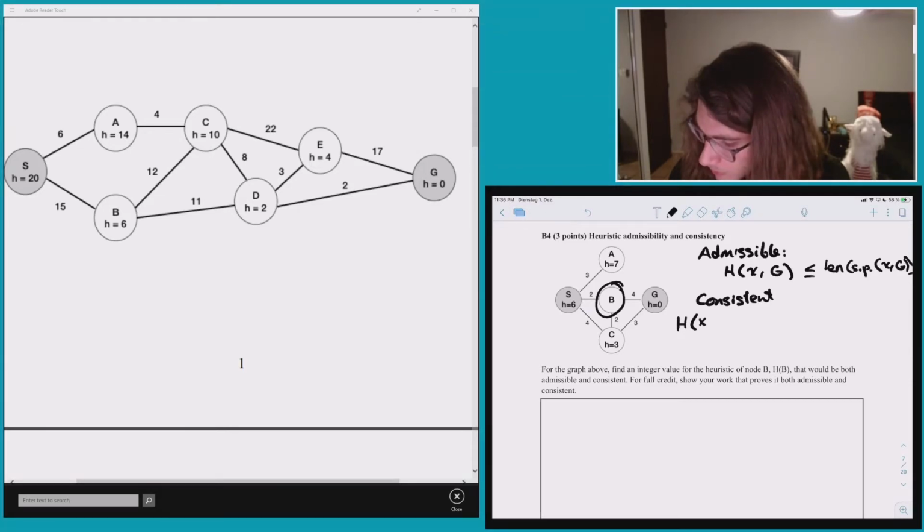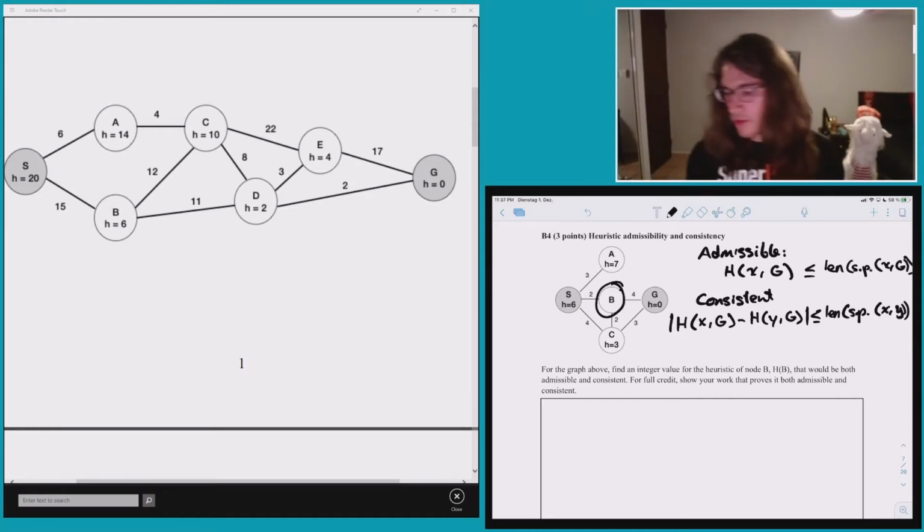The absolute value of the heuristic estimate from x to the goal minus the heuristic estimate from some other node y to the goal should be less than or equal to the length of the shortest path between x and y.